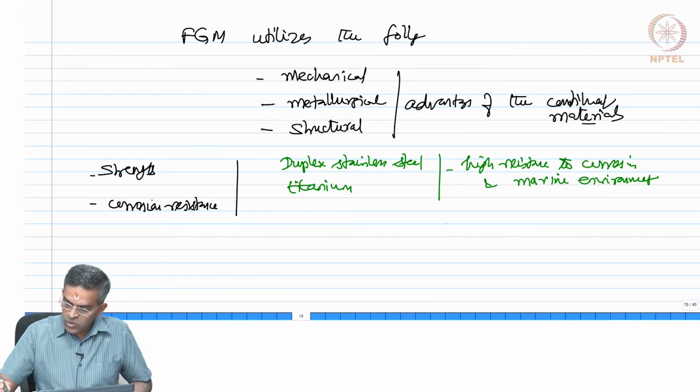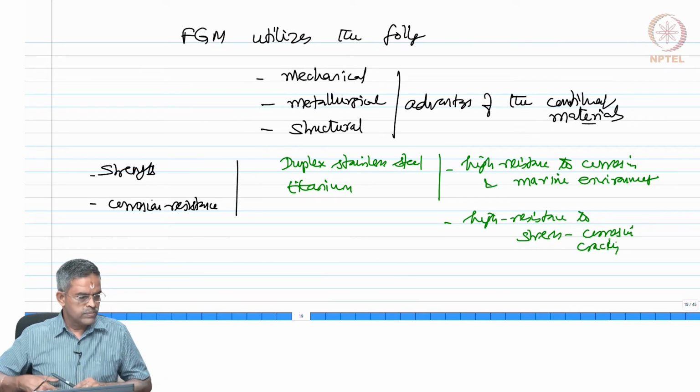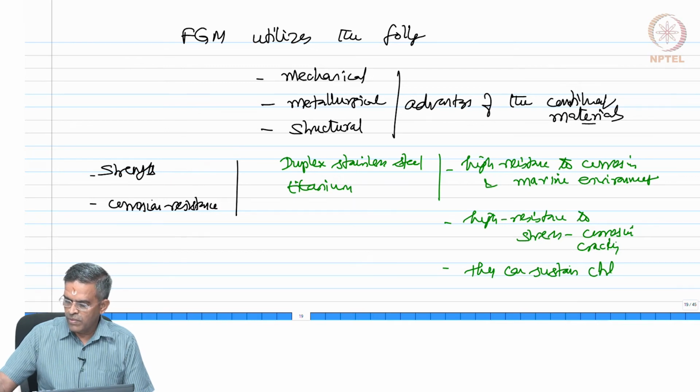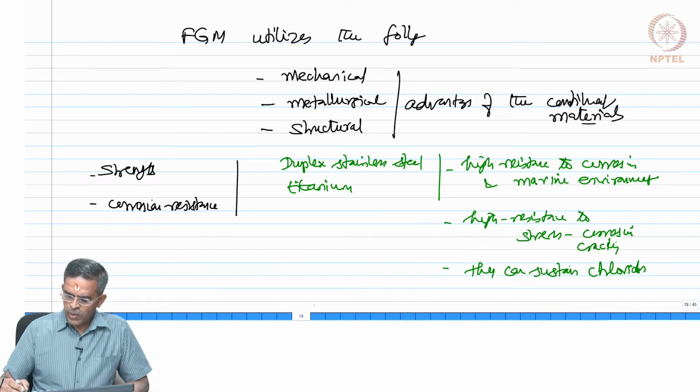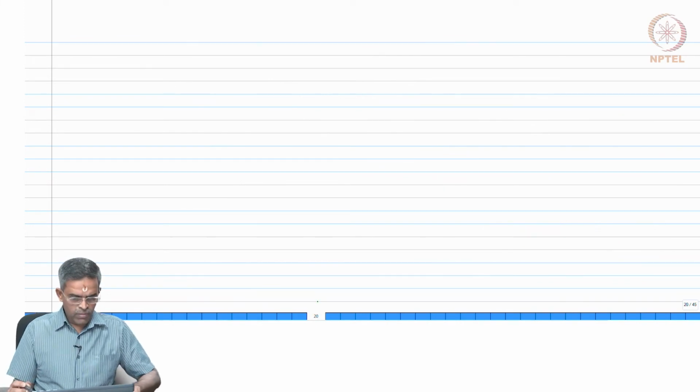They also have high resistance to stress corrosion cracking. They also sustain chlorides in marine environment. Those are present in marine environments and so on. Now, let us ask a question. What are the conventional manufacturing methods available in the literature for manufacturing FGM?